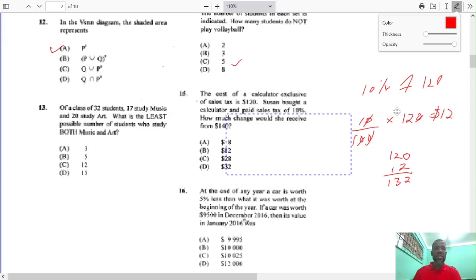If she paid the cashier $140, what are we going to do? 140 minus 132, and that gives us 8. So what that tells you is that she's going to get back $8 change. All right. So the answer there is A. So A is the answer for that one.